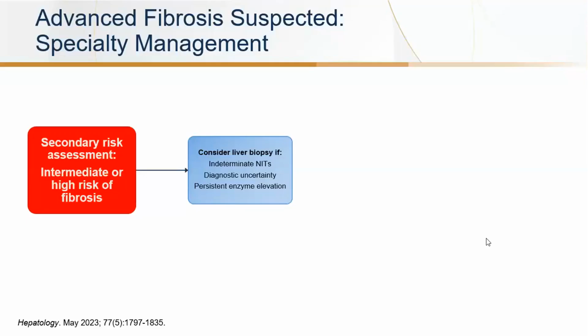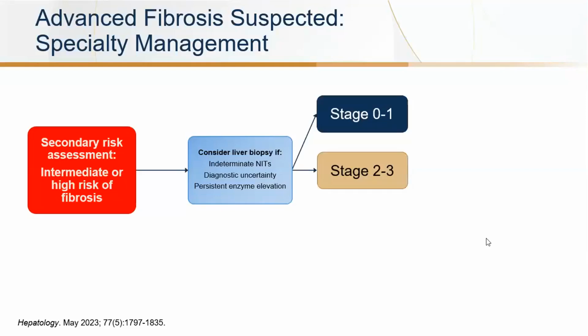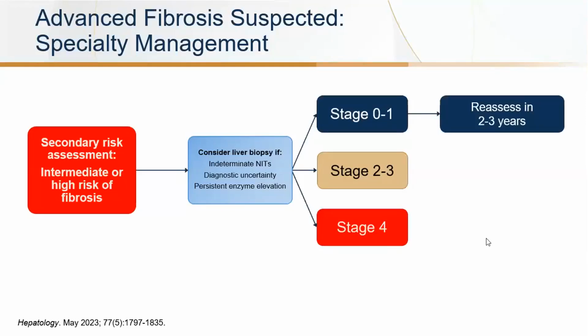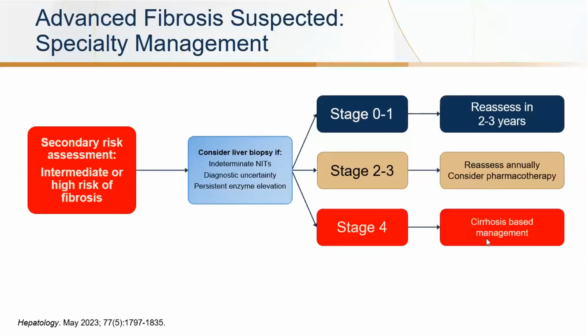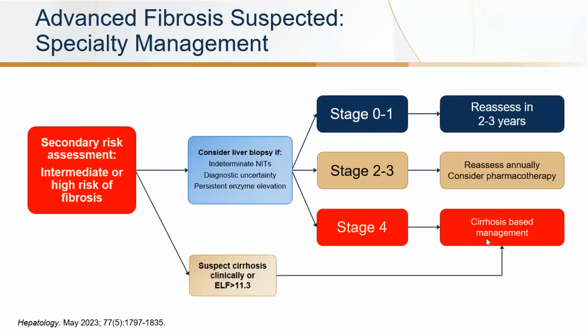That FIB-4 maybe is intermediate and their blood work looks great, their ultrasound isn't really concerning, but their FibroScan says F4. So sometimes the workup isn't always leading you to where you want to go. Sometimes you need to get that liver biopsy to really determine where exactly we are right now.